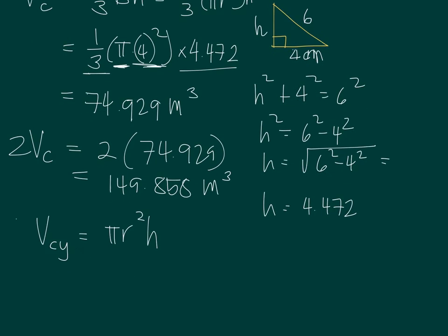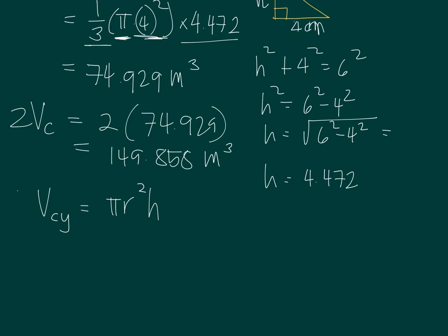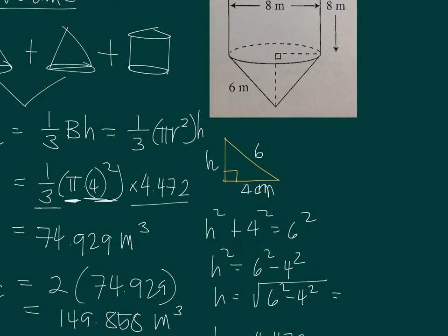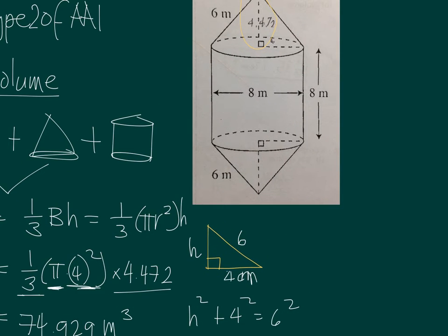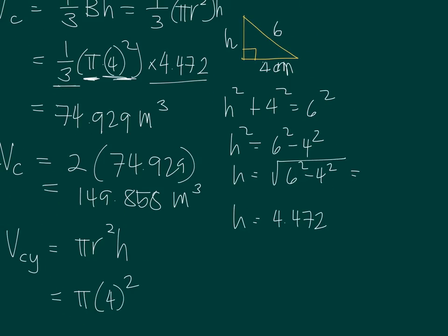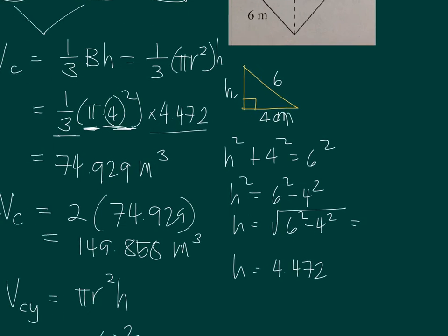That is simply pi, the radius 4, given that the diameter is 8, and then the height is given as 8 as well.